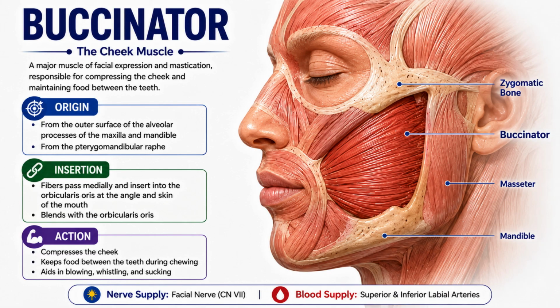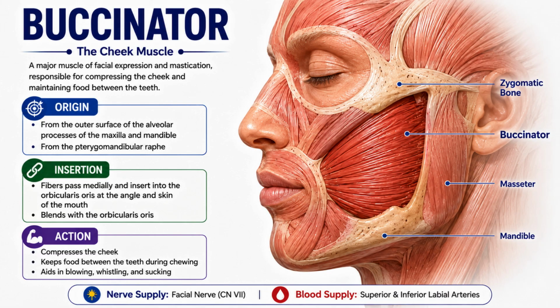Buccinator is pierced by the parotid duct and the mandibular nerve. It gets its origin from the alveolar process of maxilla and mandible, and also from the pterygomandibular raphe. Its insertion is in the upper and lower lips, that is in the orbicularis oris muscle. It is present around the lips.